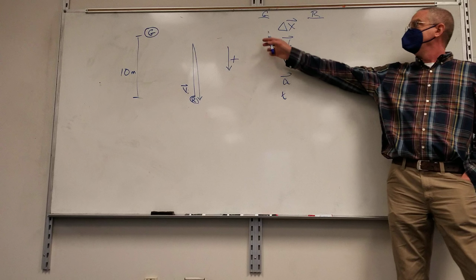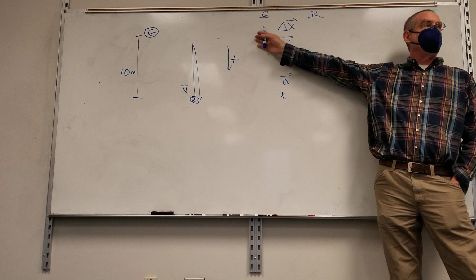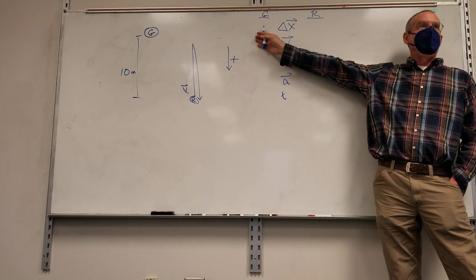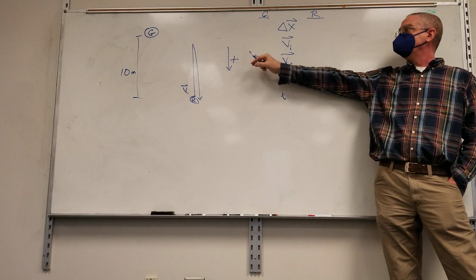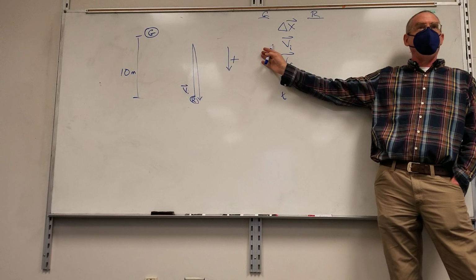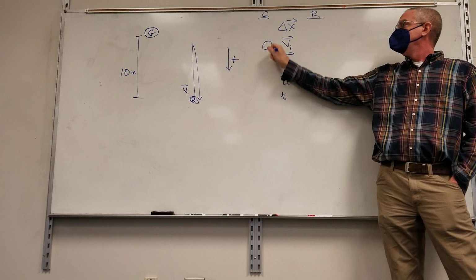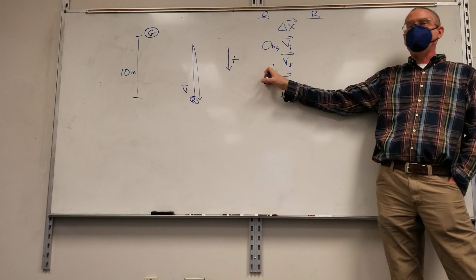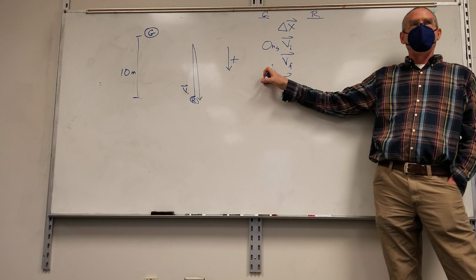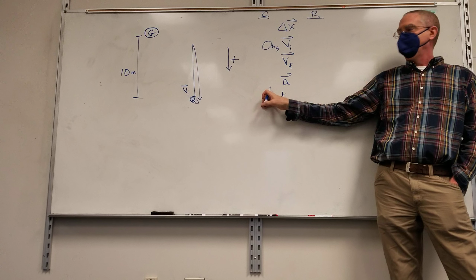We'll just start out with, on the green side, will the displacement be positive or negative? Positive. Yeah, it ends up below where it started, and we said down was positive. Initial velocity? Final velocity? Don't know yet. Positive or negative? Positive. Okay. Acceleration? Positive. Time?